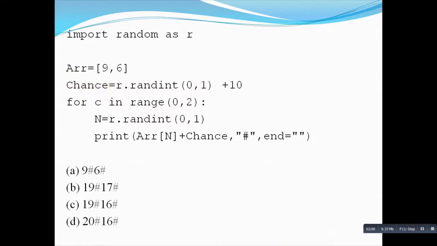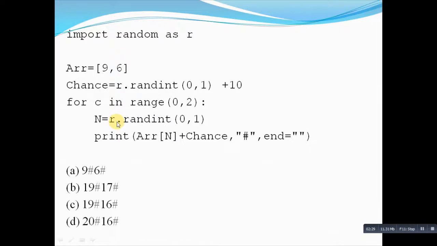So let us assume that the value stored in chance is 10. Then you can see a for loop is executed for C in range 0, 2. It means this loop will be executed 2 times, for 0 and 1. So 2 outputs will be there.